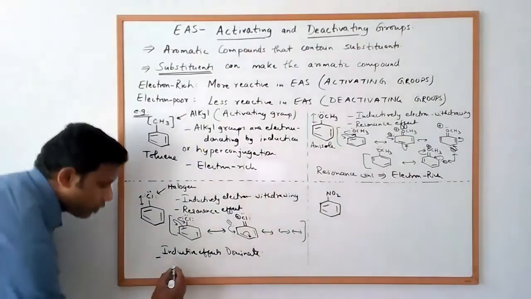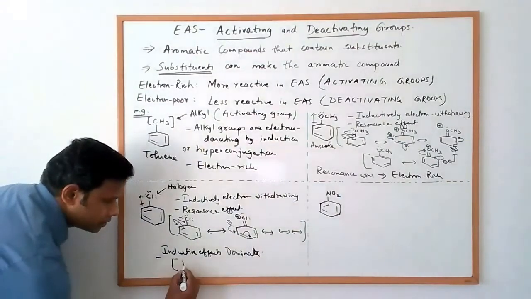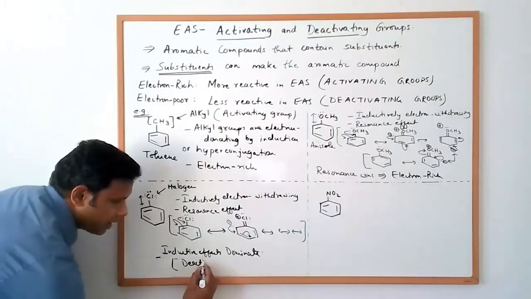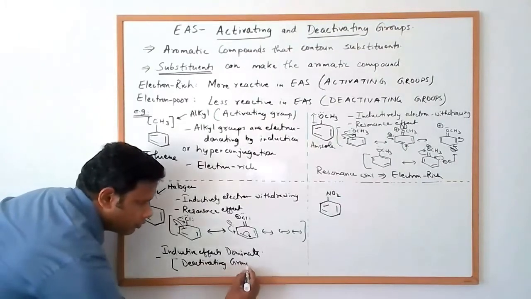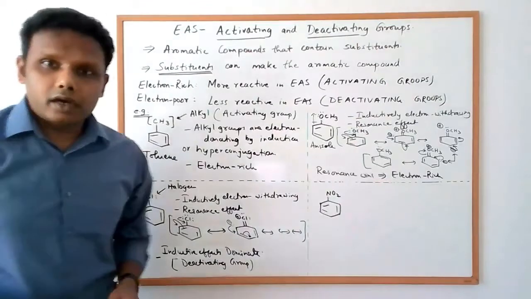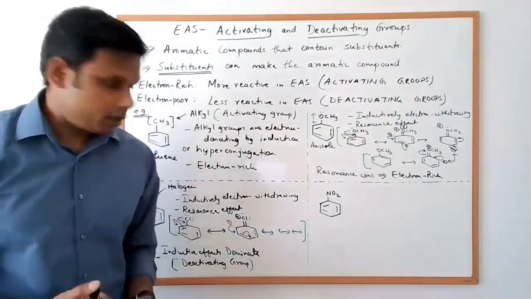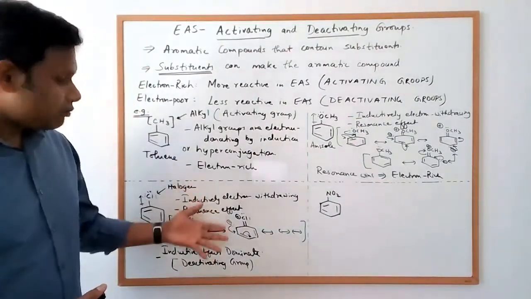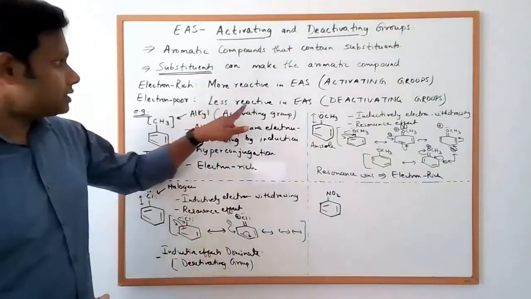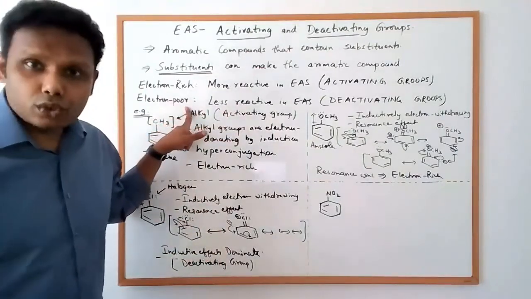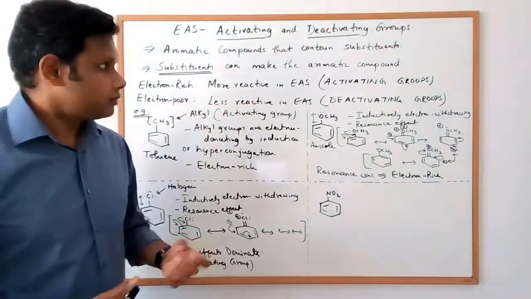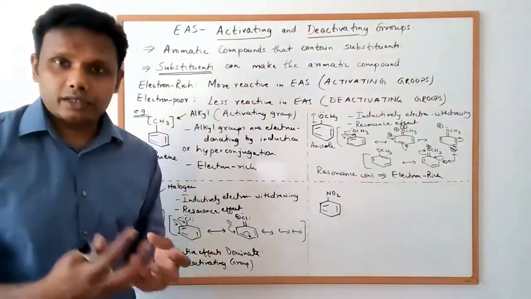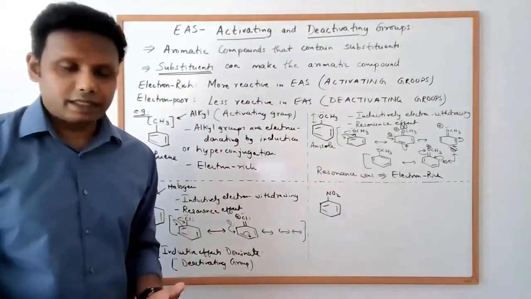And so overall, the halogens are a deactivating group. That means they make the ring electron poor, and so the ring is less reactive. So it undergoes the reaction slower compared to benzene.